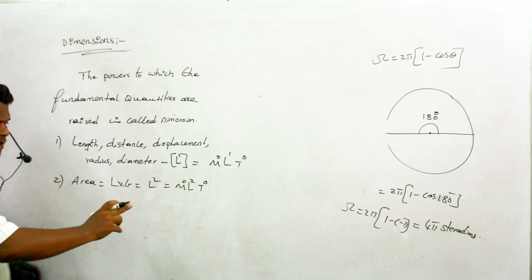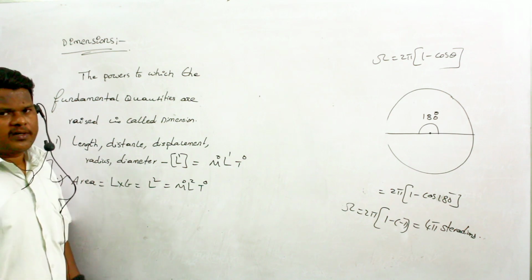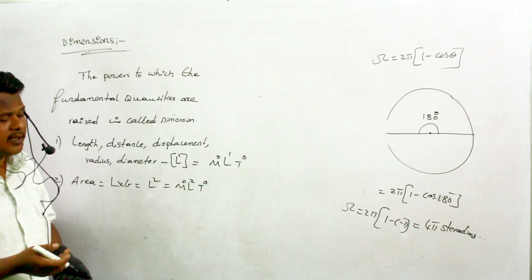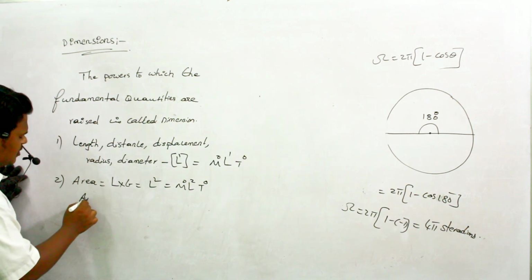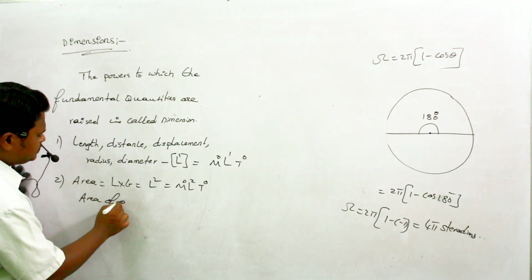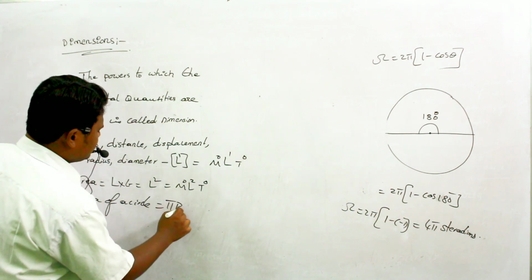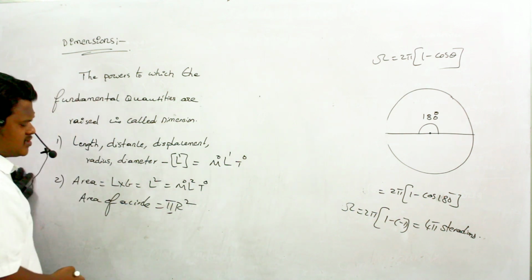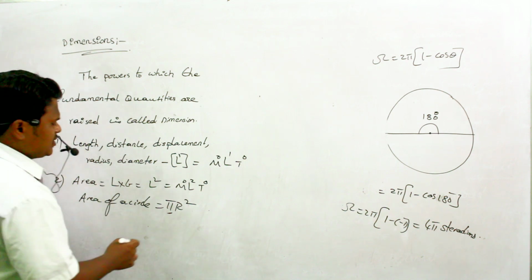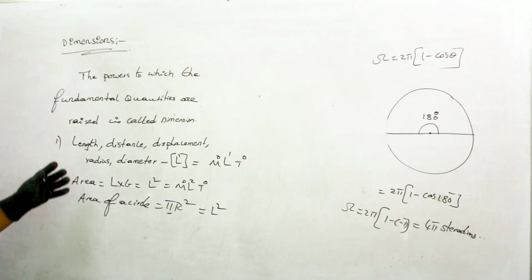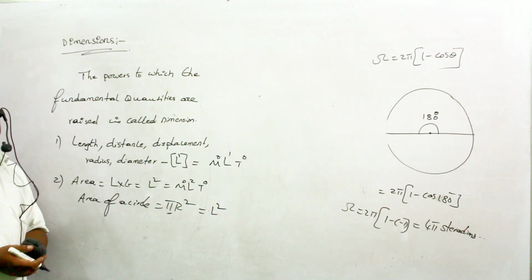Similarly, if you take the dimension of any type of area, for example, the area of a circle, then it has a dimension of pi r square, and here pi is a constant which does not have any dimension, so again it has a dimension of L square, that is M naught L square T power 0.